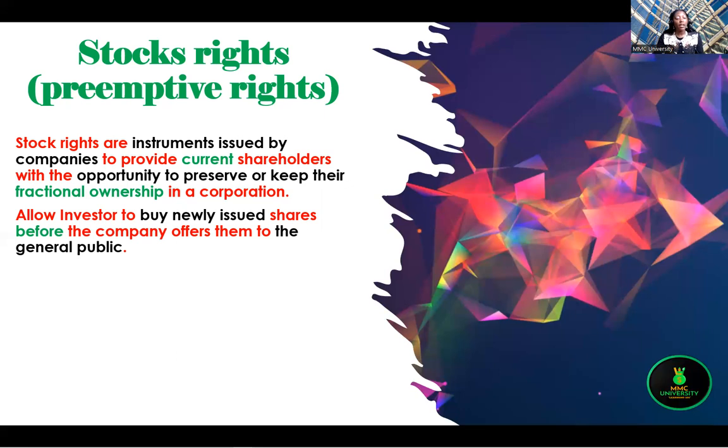To make up for that, companies do a stock rights offering where they allow the existing stockholders to buy those shares at a discounted price. Say the shares in the general public are selling at $50 a share. When they do the stock offering, the existing shareholders might get to buy at $48 a share or $45 a share.